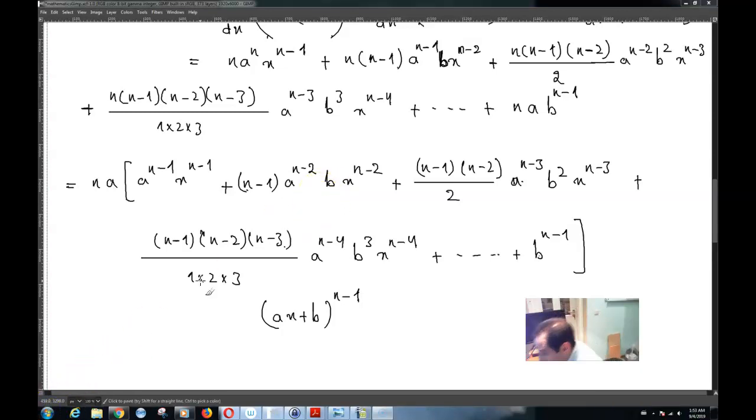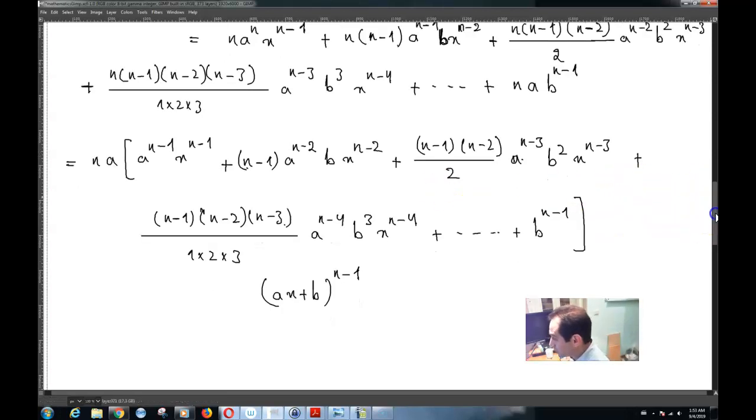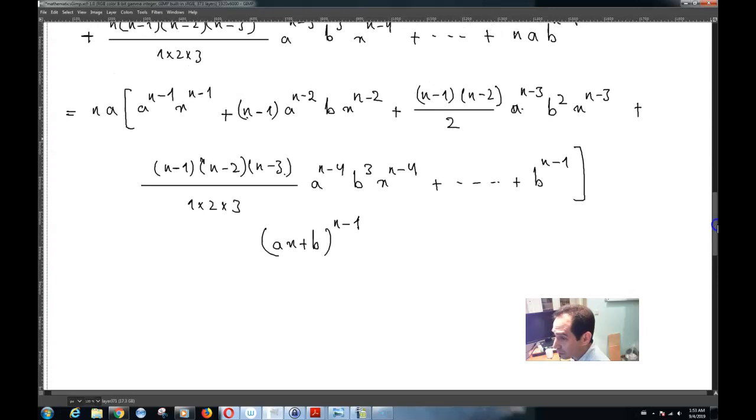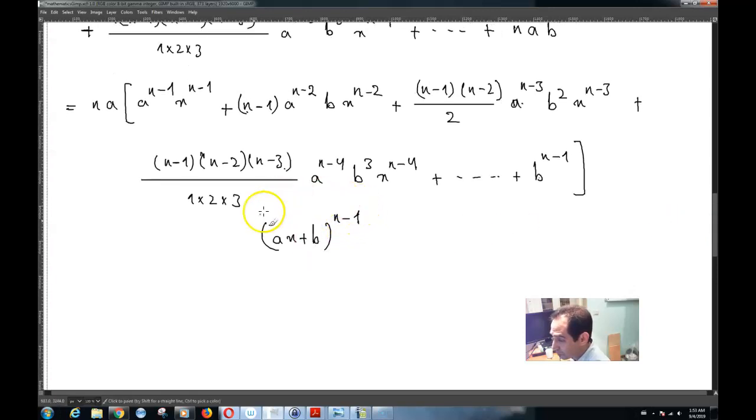Our goal now is to expand this and see if it looks like this expanded version of that binomial, starting from this point all the way up to this point.